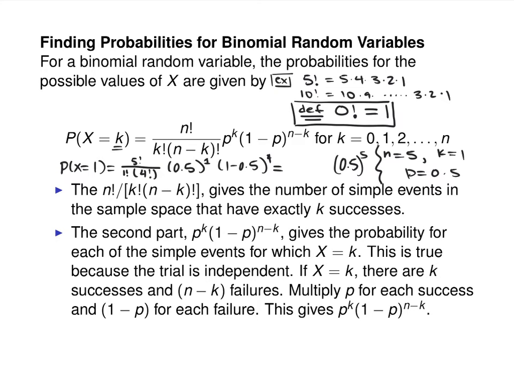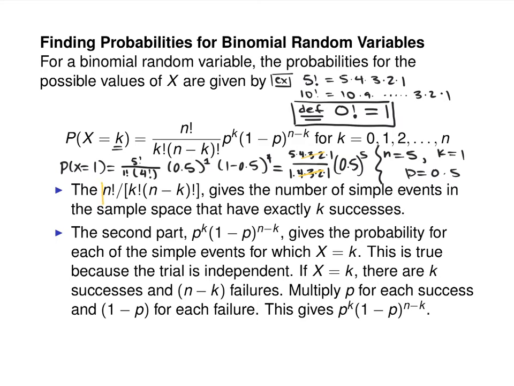Now, how about those factorials? Well, think about them as multiplications. 5, 4, 3, 2, 1. 1 factorial is just 1, times 4, 3, 2, 1. Notice that the 4, 3, 2, 1s cancel. And that gives us 5 times 0.5 to the 5th as we had before.